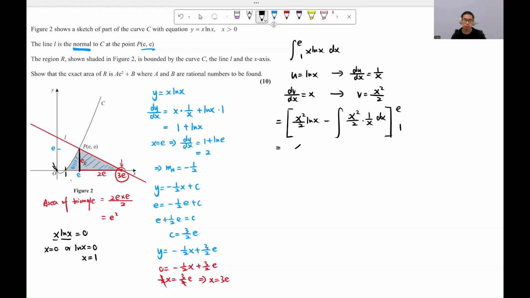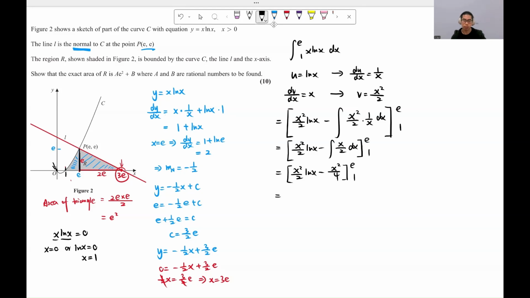Now simplify that: x squared over 2 times 1 over x is just x over 2 dx. So this will be x squared over 2 ln x minus the integral of x over 2, which is x squared over 4, and then the limits will be e and 1.